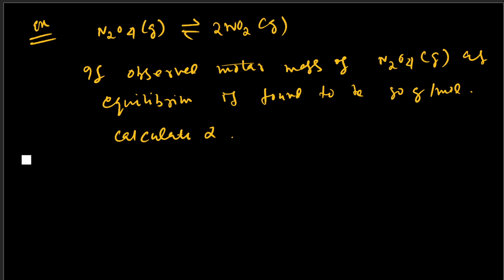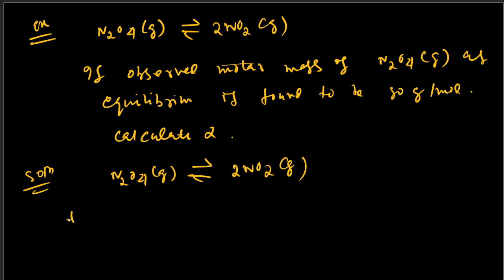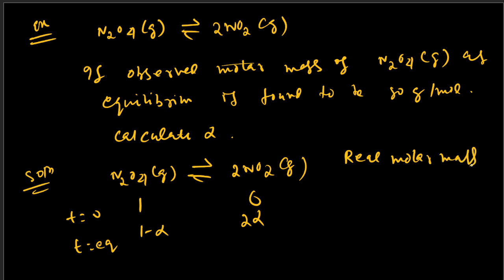So for this, what you do: N2O4 gas is in equilibrium with 2NO2 gas. When t equals 0, this is 1, nothing has formed as product. At equilibrium, 1 minus alpha remains, and 2 moles are formed, so 2 alpha. And if you have to find the real molar mass of N2O4, how much is it?